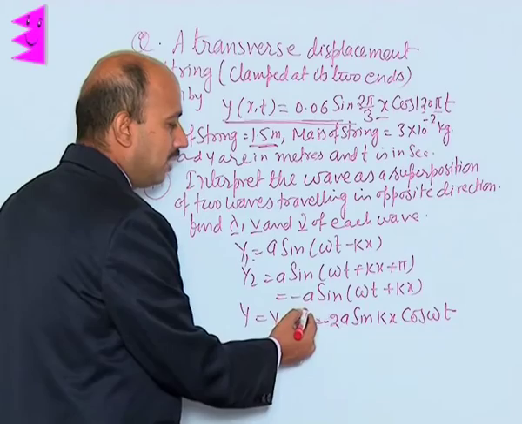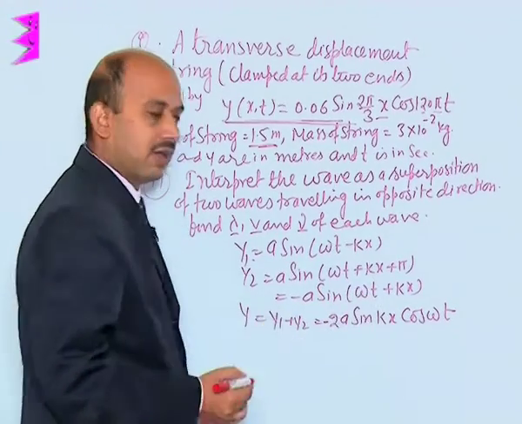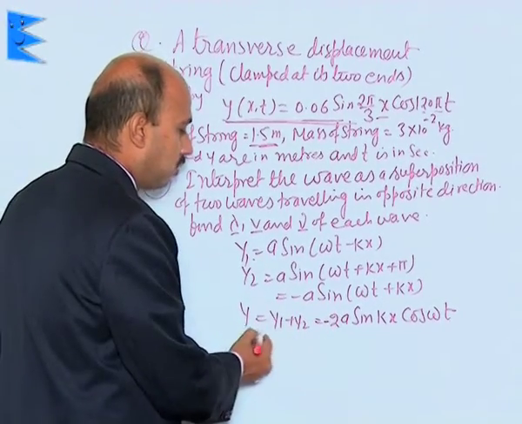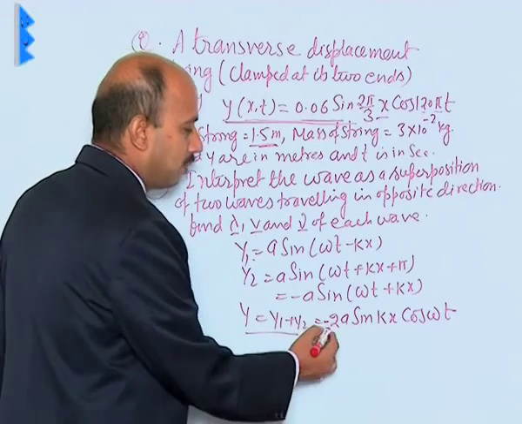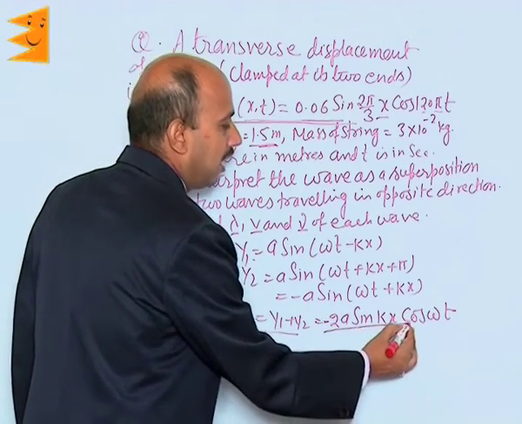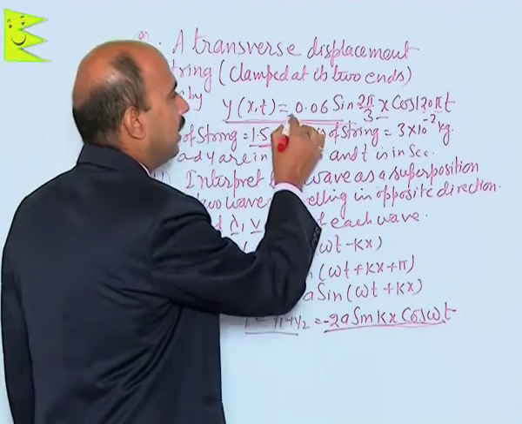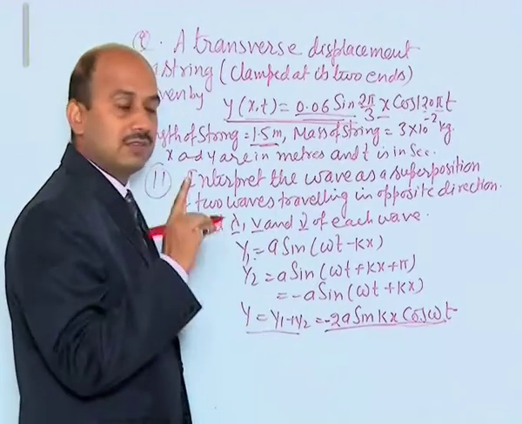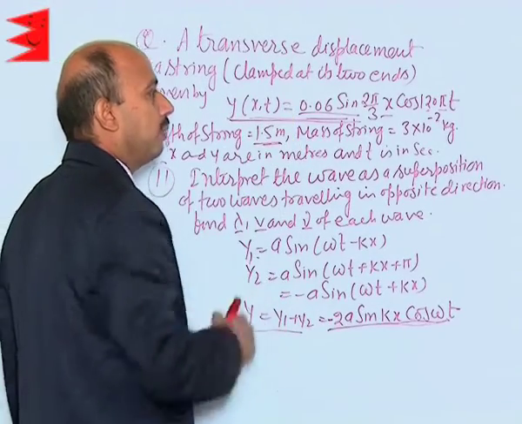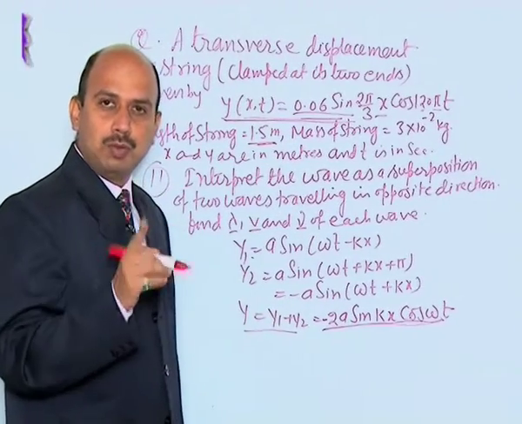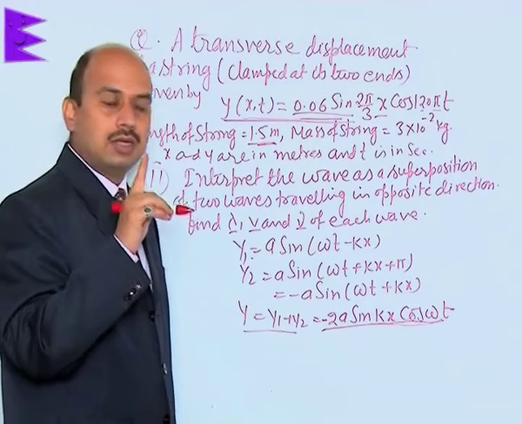So, we can write −a sin(ωt + kx). By solving y = y1 + y2, we get −2a sin kx cos ωt. So, this is similar to this. Therefore, we can say that this is actually obtained after the superposition of two waves travelling in opposite direction.